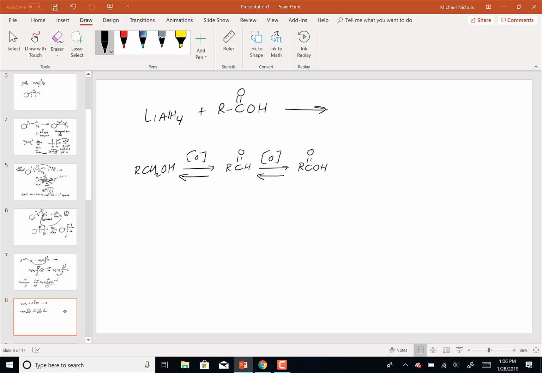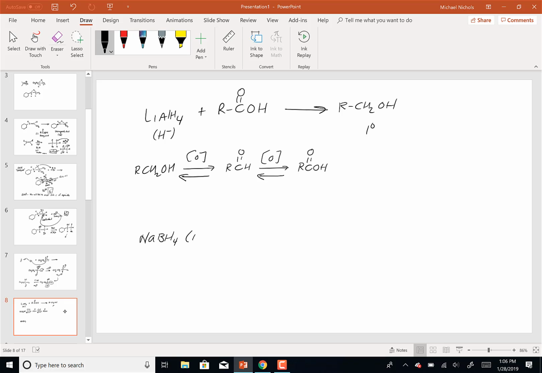So what happens is when we add lithium aluminum hydride to it, we're going to reduce the carboxylic acid all the way down to a primary alcohol. That's what the lithium aluminum hydride does. Lithium aluminum hydride is a source of H-. Sodium borohydride is also a source of H-.